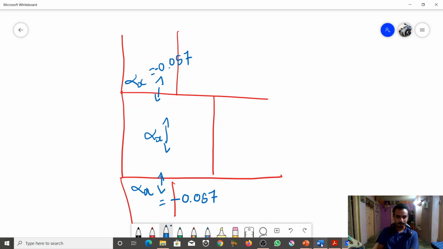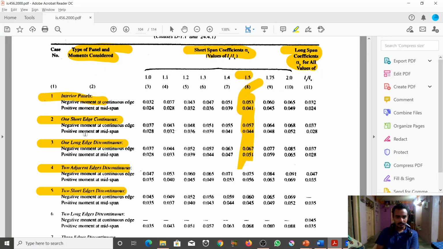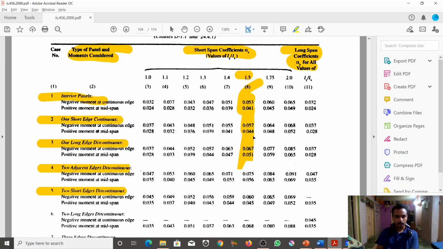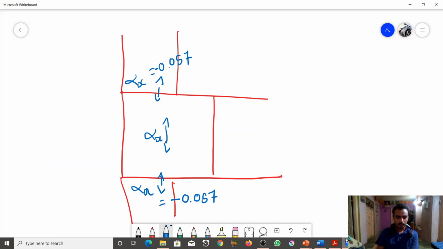Second, the positive moment at mid span is plus 0.044. So this is alpha x.